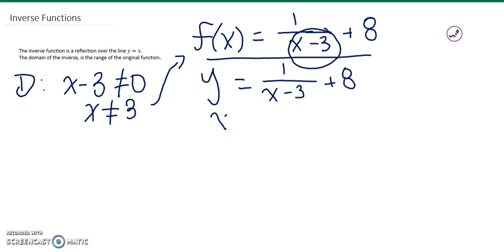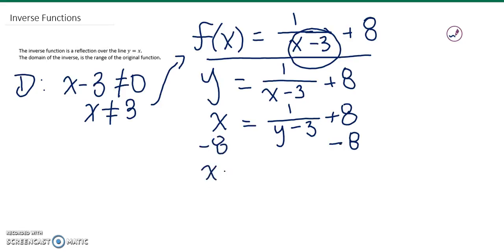We now switch the x and y variables and rewrite our equation as x equals 1 over y minus 3 plus 8. Now we will solve for y. Subtracting 8 from both sides, we are left with x minus 8 equals 1 over y minus 3.